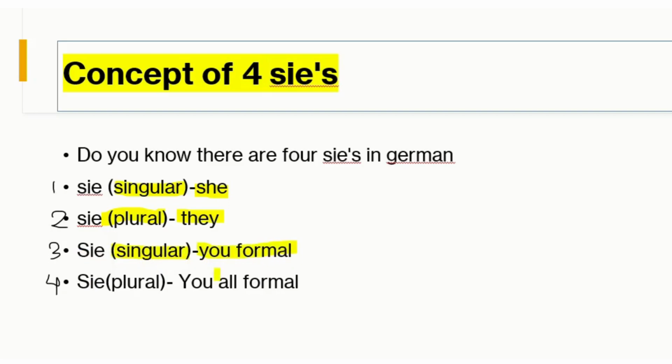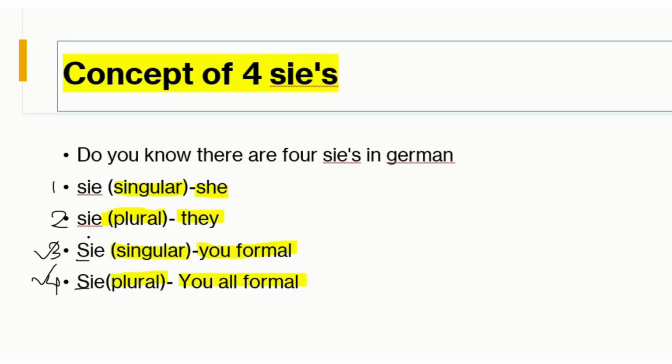This last one is plural and it is you all formal. Now see, there is one big difference: when you're writing the third and the fourth Sie in the middle of a sentence, we still capitalize the S, else the meaning will change. So this helps us differentiate that the third and fourth Sie's are different from the first and second one.